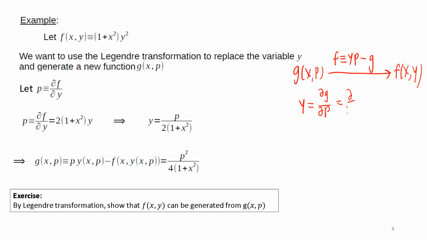So that is partial of p squared divided by 4 times 1 plus x squared, and that would be just p divided by 2 times 1 plus x squared. So p is 2y times 1 plus x squared.